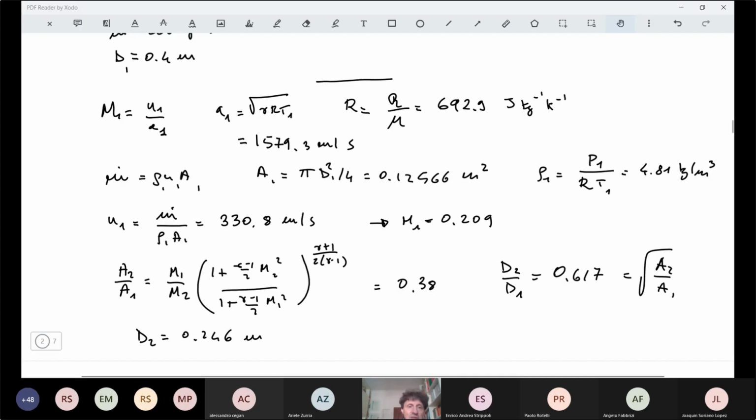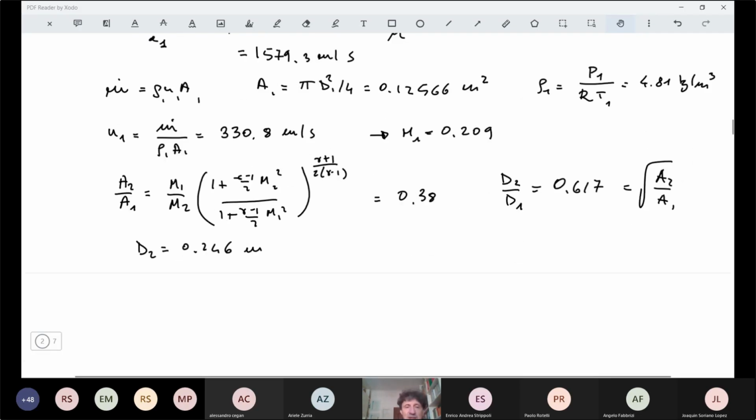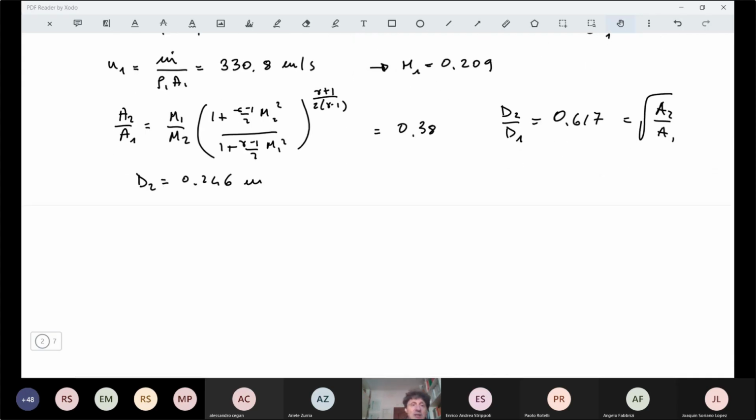So first of all, we should check if this is allowable or not, and we can compare our diameter, which is now 0.2 meters, with the critical one.